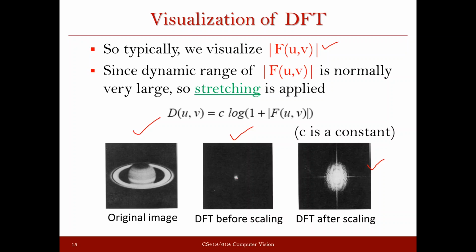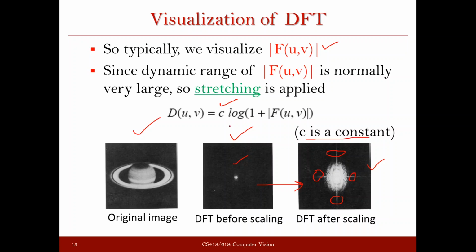For example, here you are not able to see the rays coming out of this, whatever I highlighted; they are not visible here. But when you take the log of these values, you see that more details are visible. Now, there's one more factor that I did not tell you in the previous discussion, and that is this C. It is a constant.